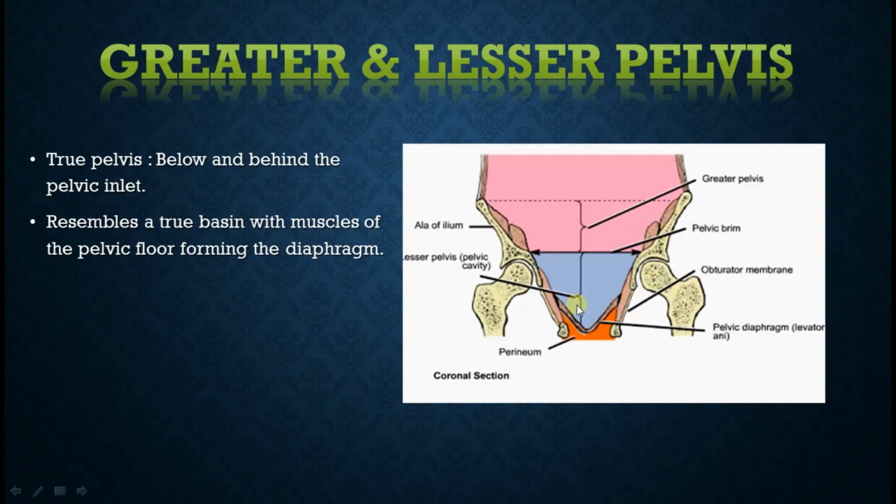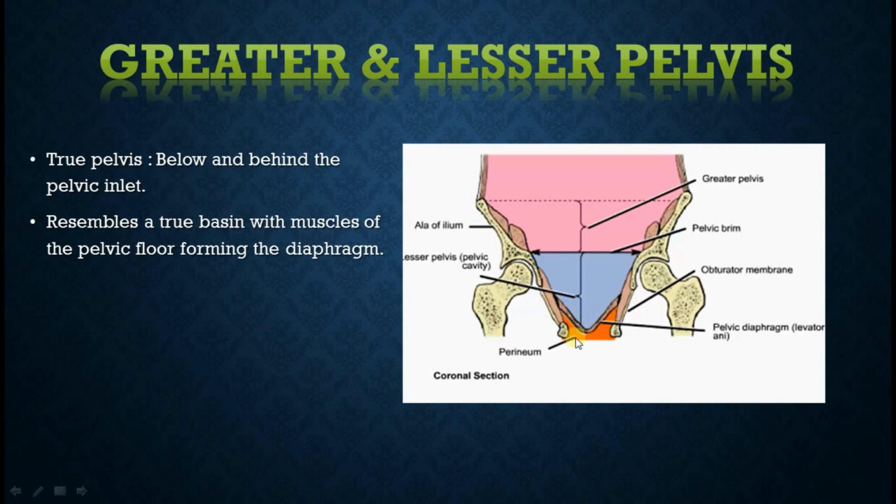So this pink shaded area is the false pelvis. On either side we have the iliac fossa and the muscles arising from it, the iliacus muscle. This is the inlet or the pelvic brim. Below that you have the pelvic cavity and the pelvic outlet, which is closed by a muscular diaphragm, the pelvic diaphragm.